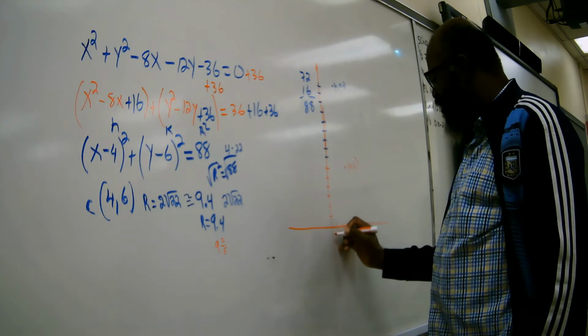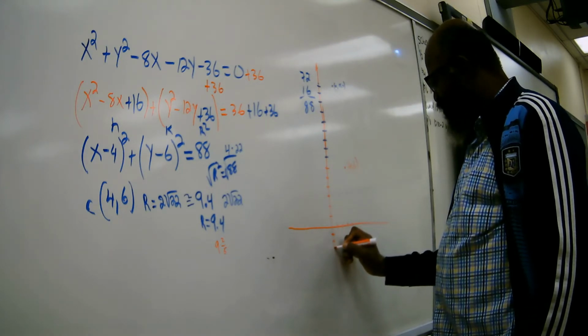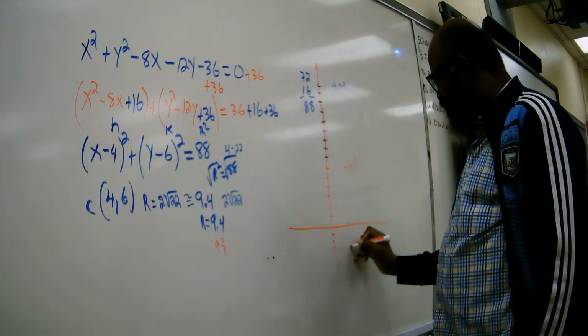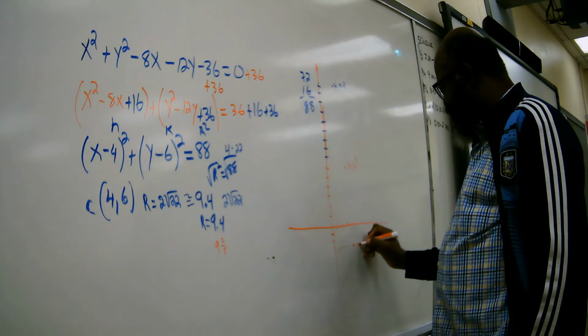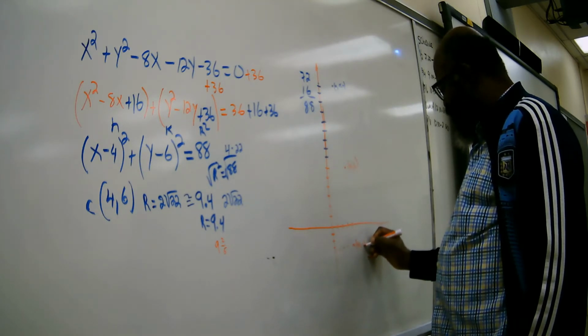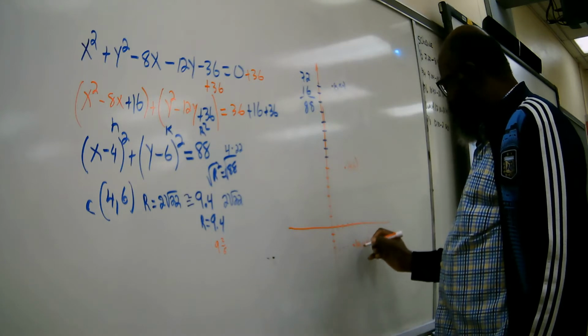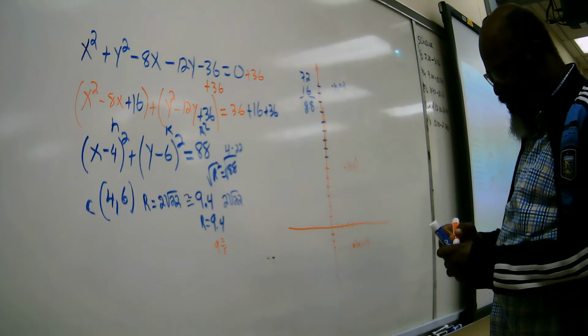You will be somewhere at negative 3.4. That will be somewhere down there. And this point will be 4, negative 3.4. And as you know, this will be the diameter.